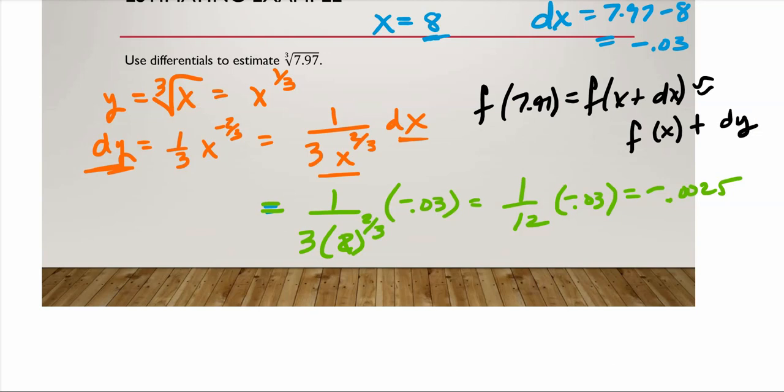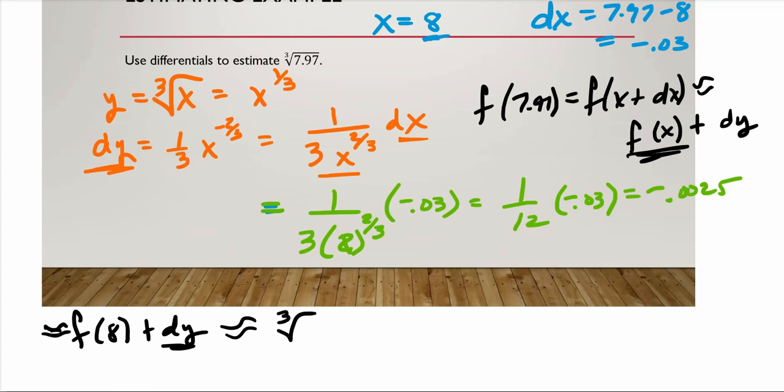Okay? So remember, what did we choose for x? We chose 8. So it's going to be f of 8 plus dy, and we already found dy. What is dy? The f of 8 is really going to be the cube root of 8 plus dy, and we found out that dy was negative 0.0025.